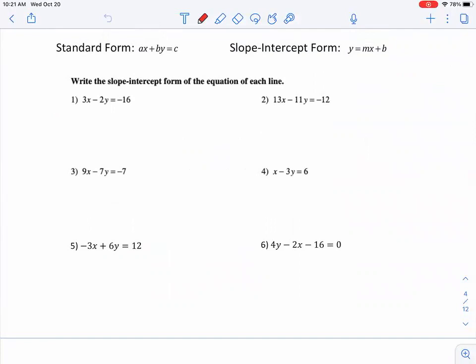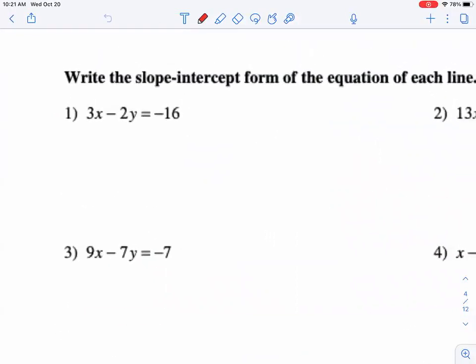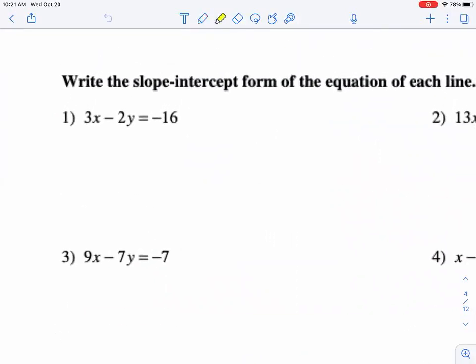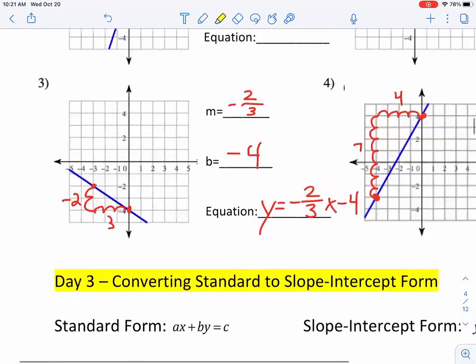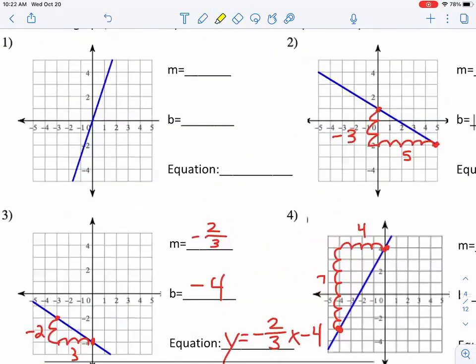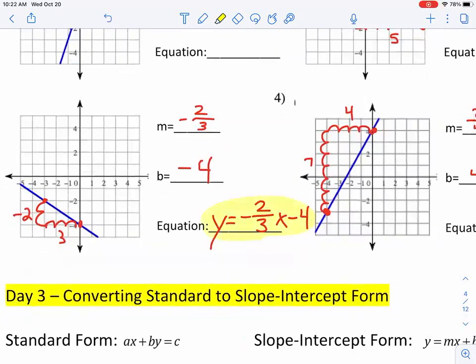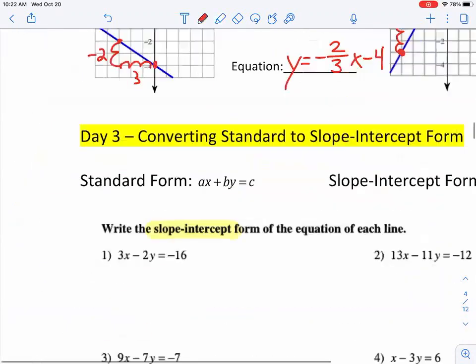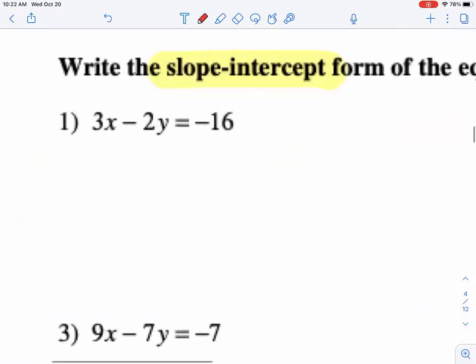So problem number one, if we want to put this into slope intercept form, again, that means we have to solve this for y, because right now it's in standard form. I got to make it look like these guys up here, where it's y equals something. So for the first problem, I want to get y by itself.